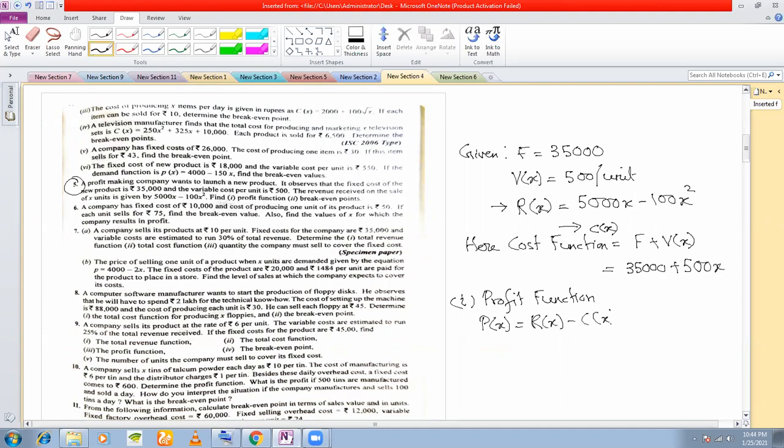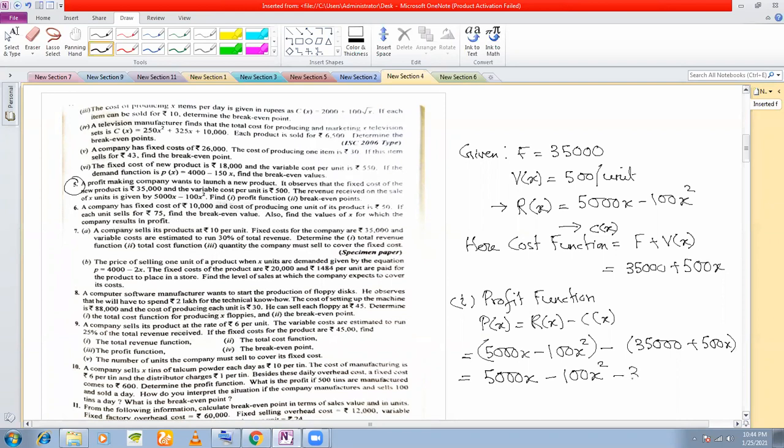So P of x is equal to 5000x minus 100x square, within brackets. Don't forget the brackets, very important. Minus 35,000 plus 500x. That is equal to 5000x minus 100x square, isn't it?